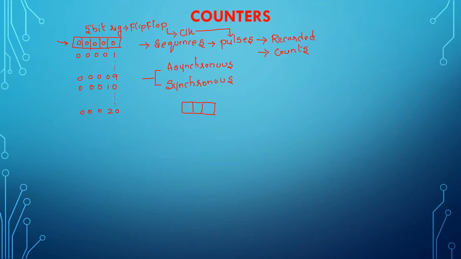When I say it's a 3-bit register, it is made up of 3 flip-flops, isn't it? All these 3 flip-flops will need clock inputs. The way in which the clock input is connected to these flip-flops, which in turn make up a counter, helps me categorize my counters into asynchronous and synchronous.